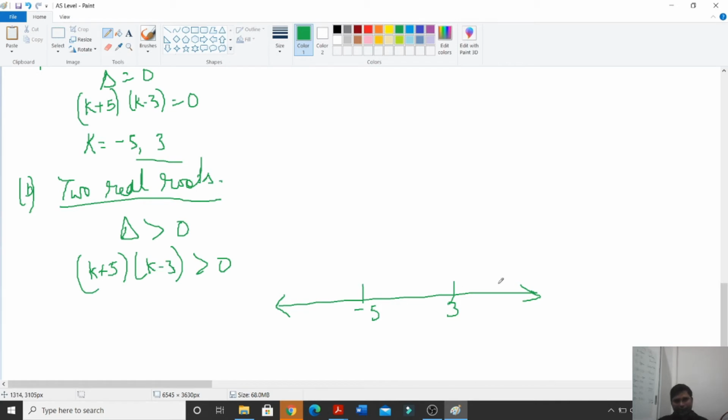So we'll start from right side and we'll write plus, minus and plus, and as it is greater than 0, we'll take the positive intervals. So k less than minus 5 or k greater than 3. This is your answer and this is your answer.